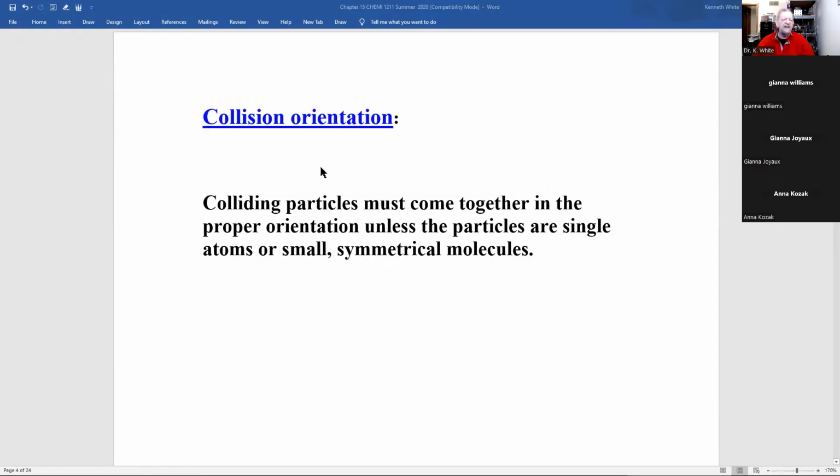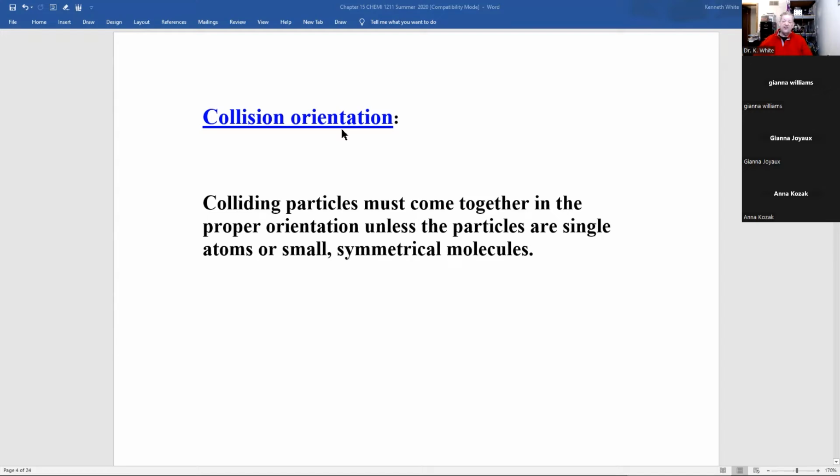And finally, chemical collision theory, you need to have collision orientation. When certain particles collide, they must come together in a certain orientation unless the molecules are single atoms or very small symmetrical molecules.